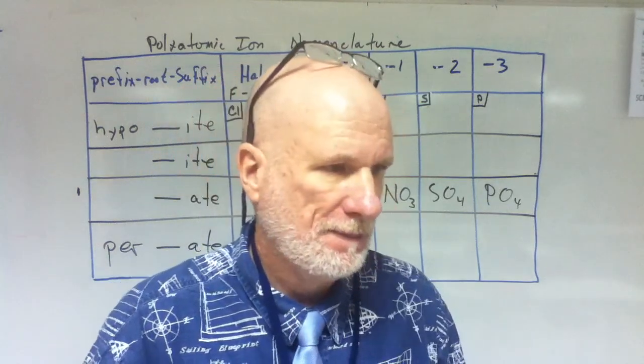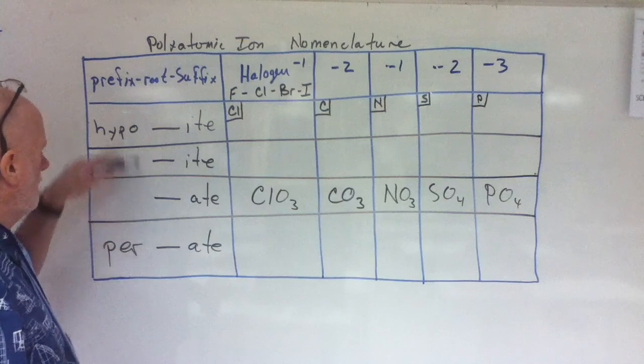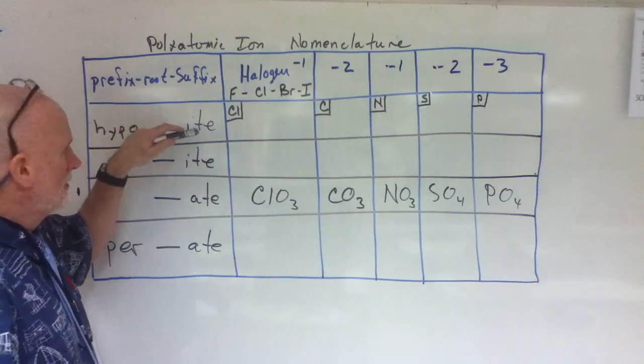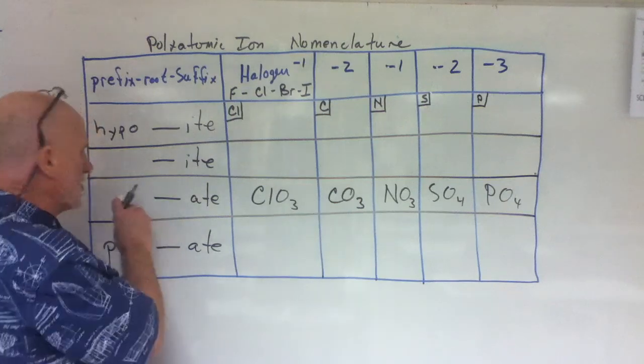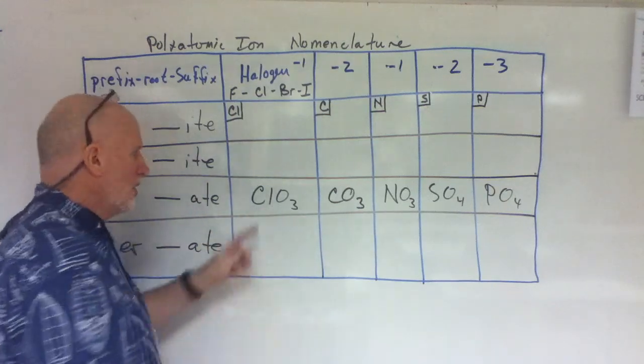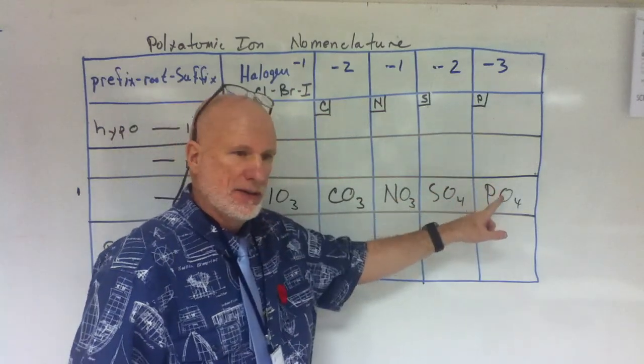Okay? Easy? Now, these are the suffix, prefix, suffix, suffix, suffix, prefix, suffix. So this has no prefix. So this would be chlorate, carbonate, nitrate, sulfate, phosphate.